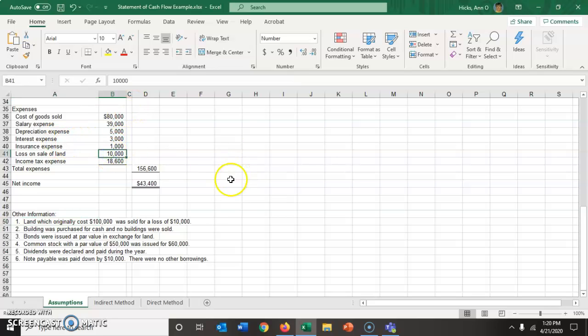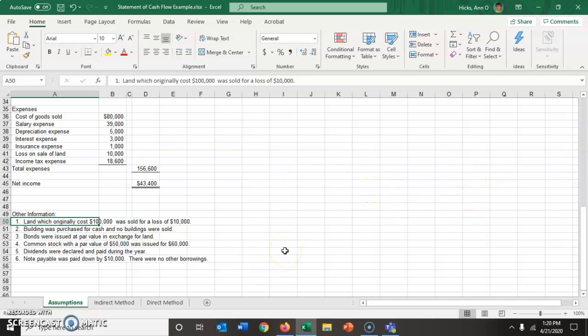Well, we remember the loss on the sale of land from the operating section of the income statement. And we know we added it back because that didn't reflect cash. If the land cost us $100,000 and we sold it for a loss of $10,000, then we must have collected $90,000 in cash, correct?